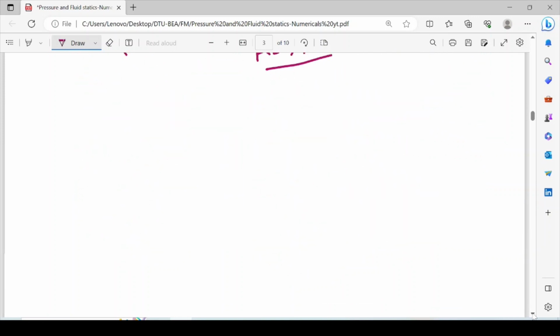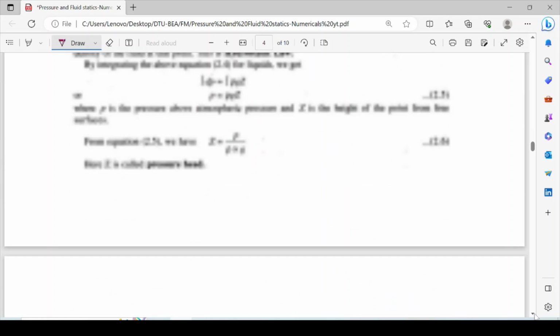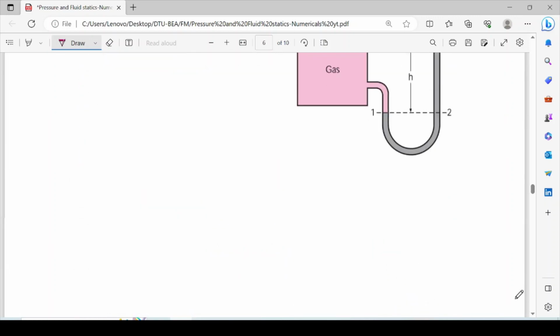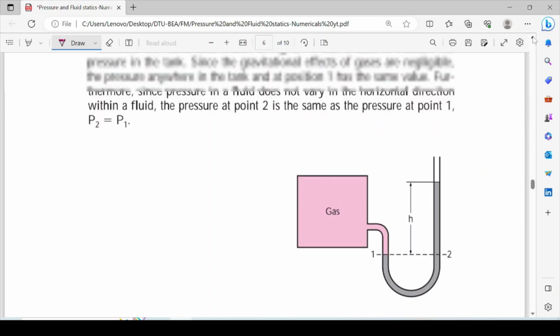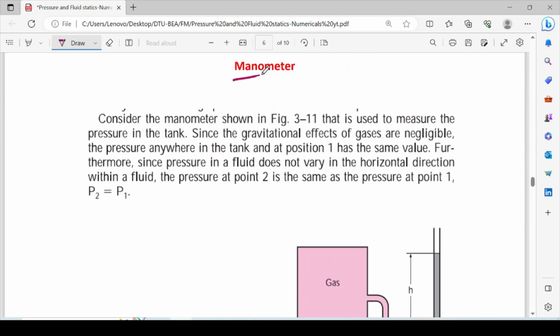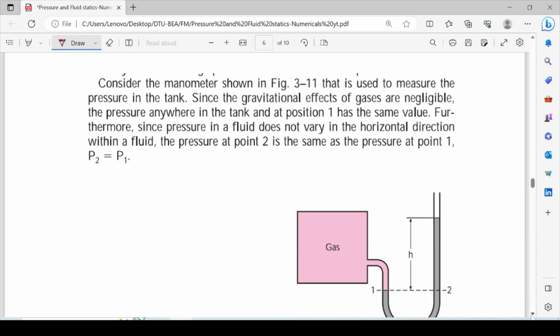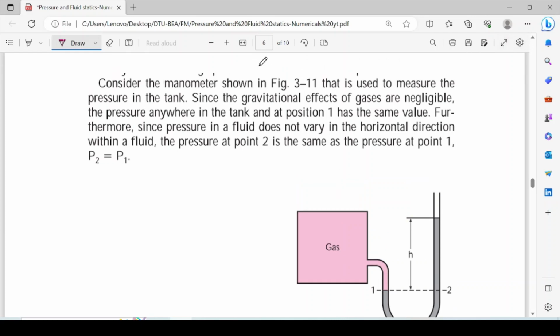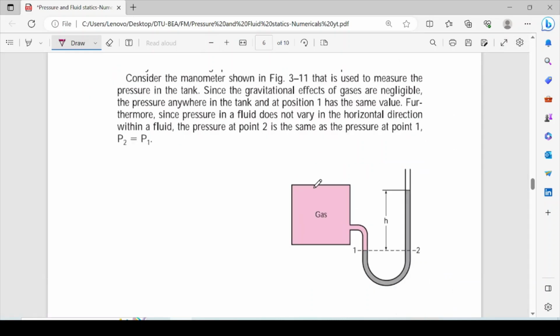Now we are trying to explain a few basic questions related to this concept. Let's suppose that this is another example. The pressure is measured by using a manometer. A manometer is nothing but a device which is used to measure pressure. Let's suppose that a gas is flowing in a pipeline and tank, and this pressure is measured by using a U-tube manometer.